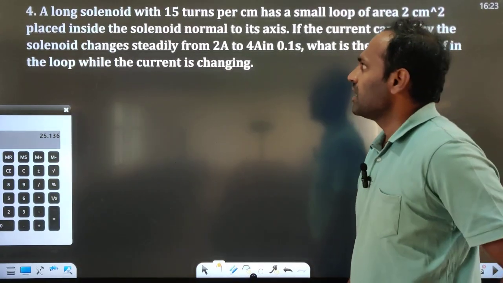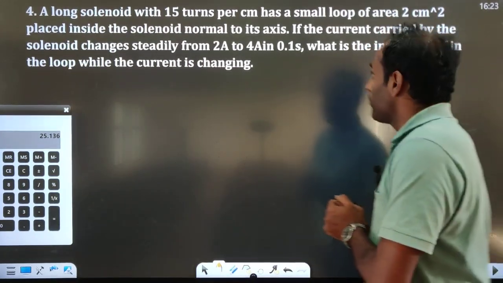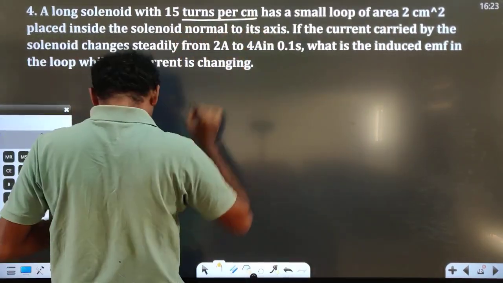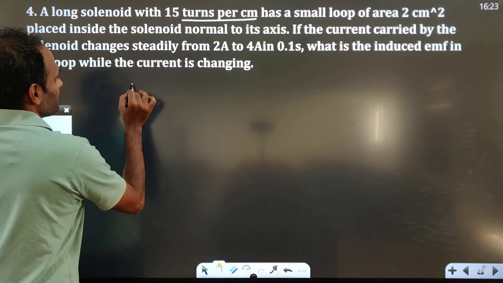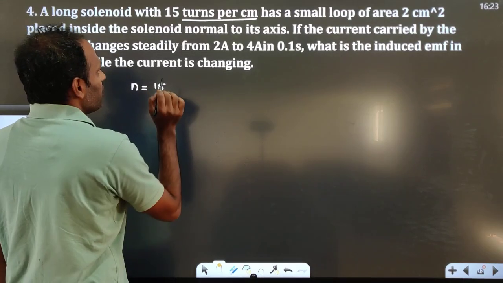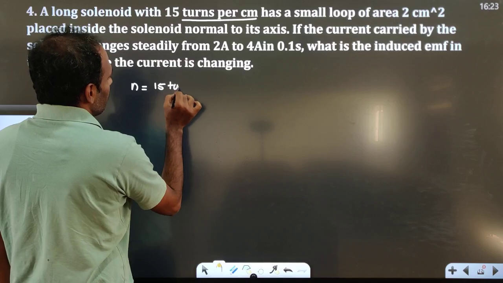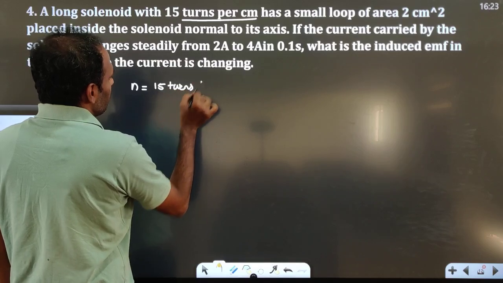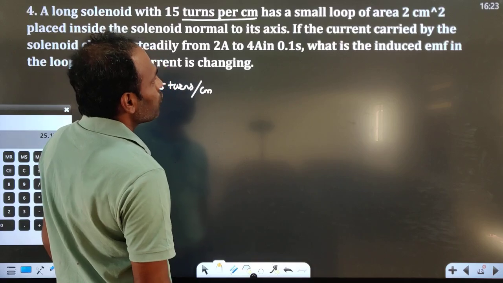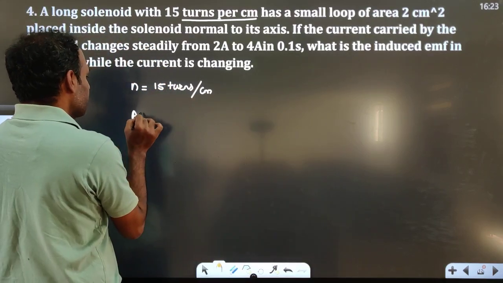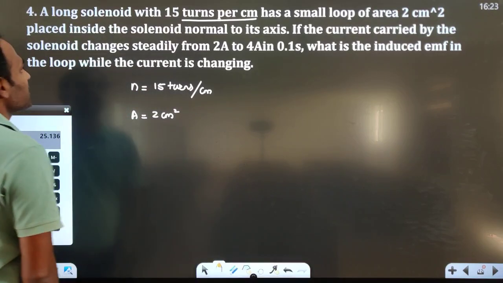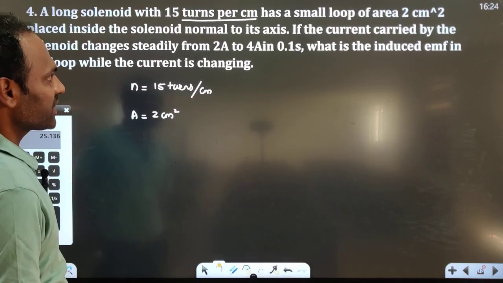The next question is, a long solenoid with 15 turns per centimeter. They have given 15 turns per centimeter, so this is number of turns per unit length, small n, it is not capital N. It has a small loop of area 2 centimeter square placed inside the solenoid normal to its axis.